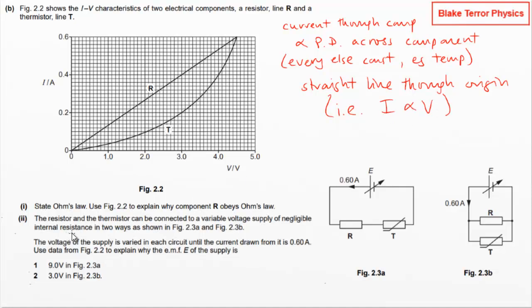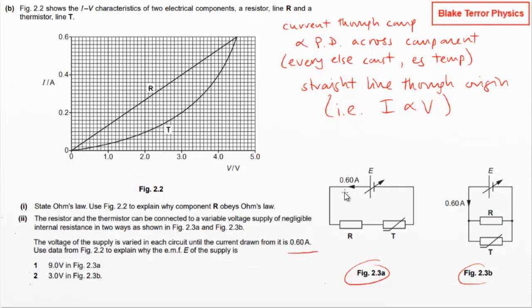The resistor and the thermistor can be connected to a variable voltage supply of negligible internal resistance in two ways, right? Once in series, once in parallel. Voltage of the supply is varied, so we got 0.6 amps in both, as they've marked in the diagram. Use the data from the graph to explain why the EMF E of the supply is 9 volts in this picture and then 3 volts in that picture. Right, so why would this be 9 volts?